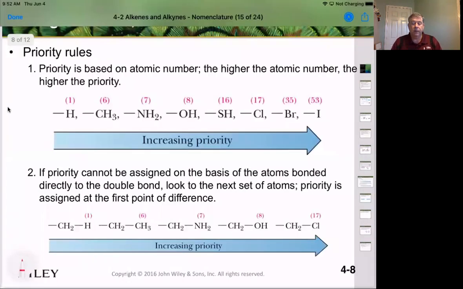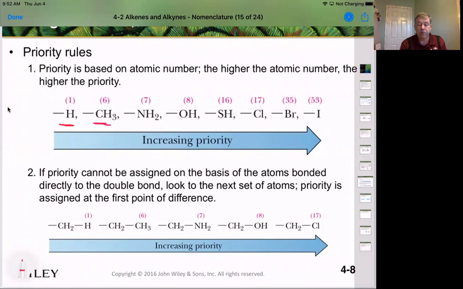Okay, so our priority rules, first rule is atomic number. It kind of goes with molecular weight, but atomic number is really what we use here. So hydrogen has an atomic number of 1, so it's a lower priority than if we had a methyl group or a CH2 group. So our hydrogen is typically always our lowest priority group.